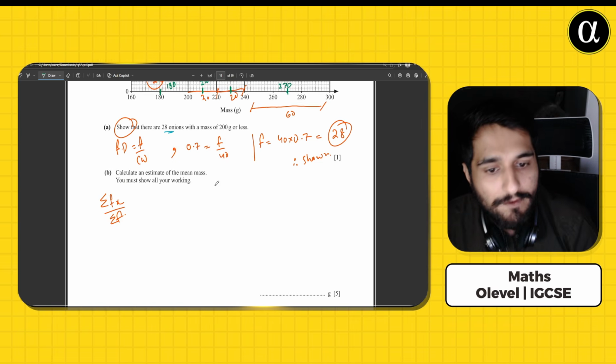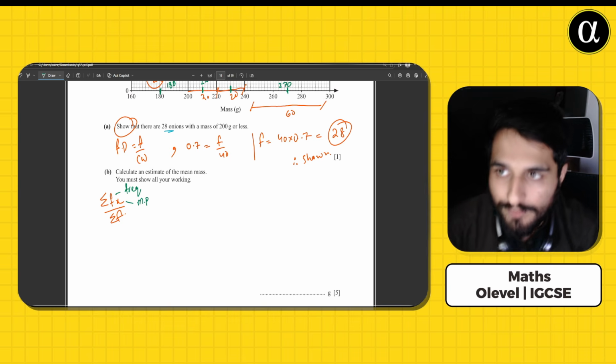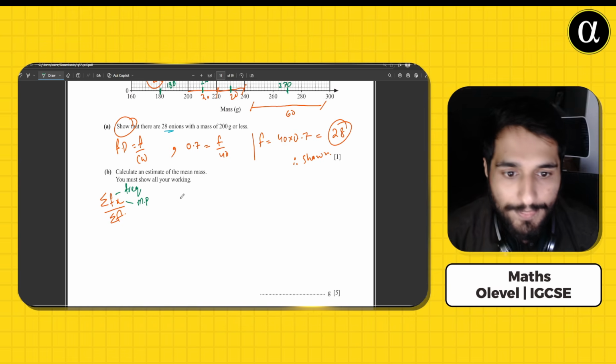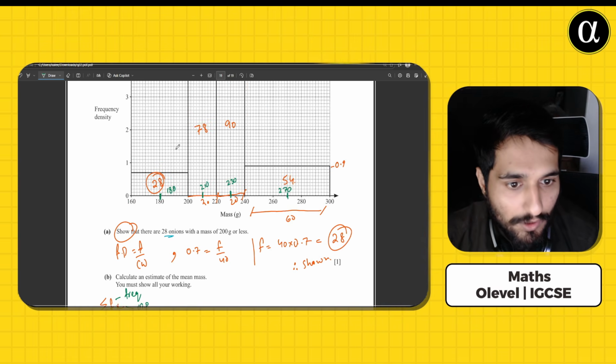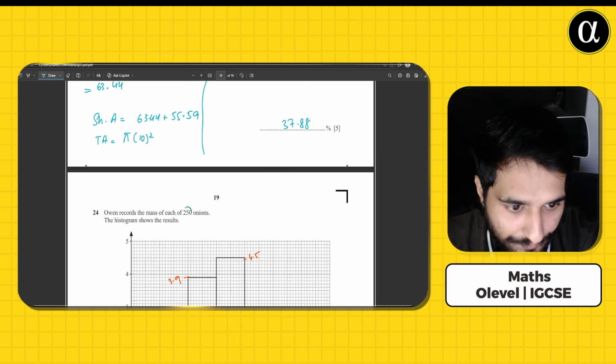All right, and we know that over here this is the frequency and this is the midpoint of each of the groups, in the case of continuous data. Now we multiply all of these numbers together, the orange with the green number, and then we divide with the sum of frequencies, which is already given over here to be 250.